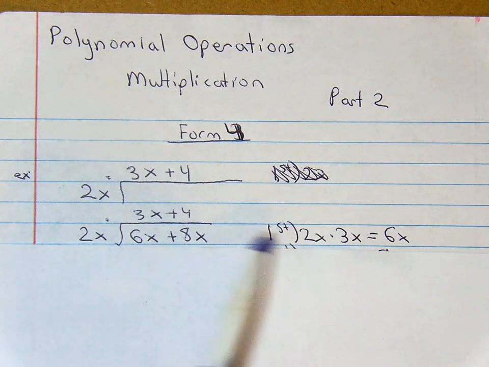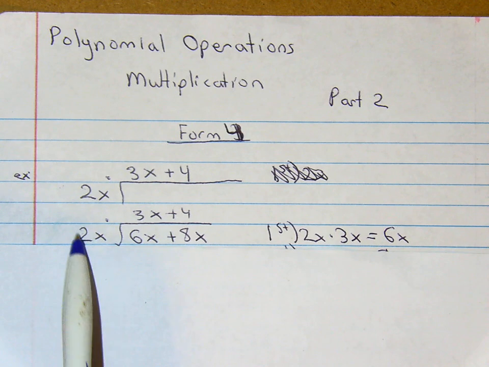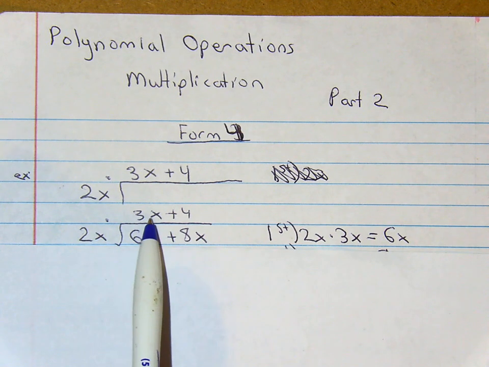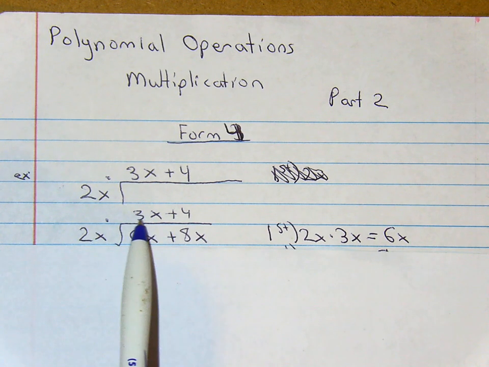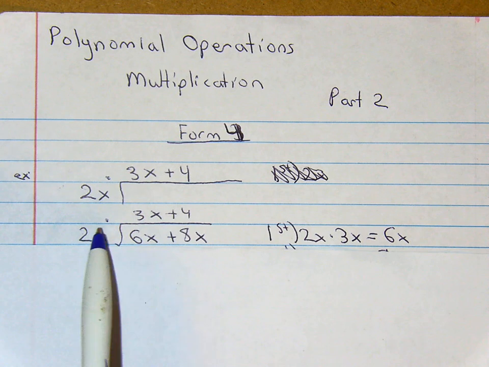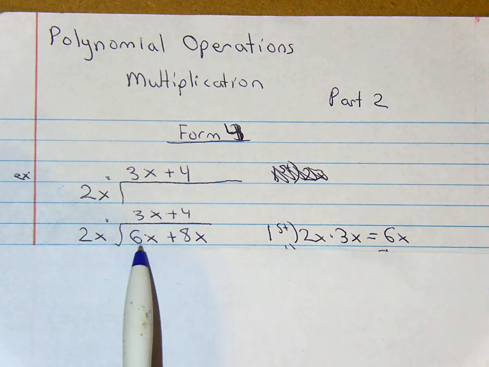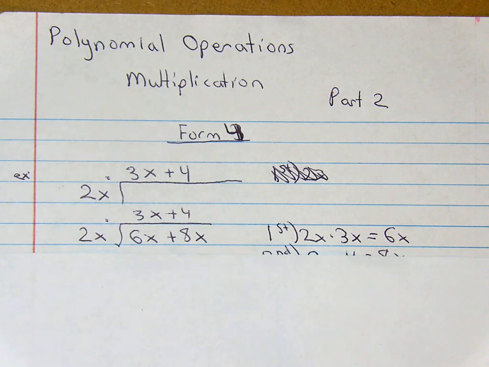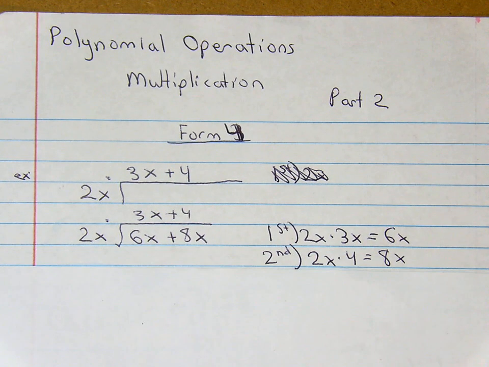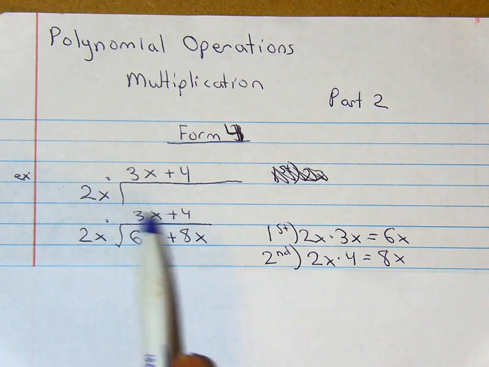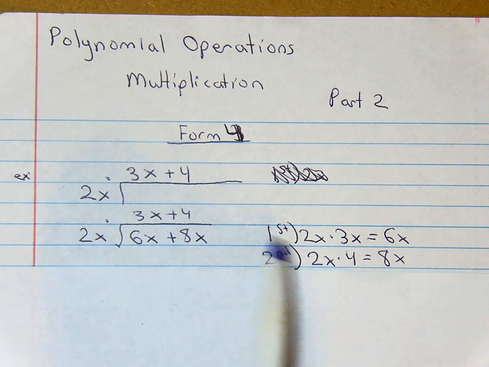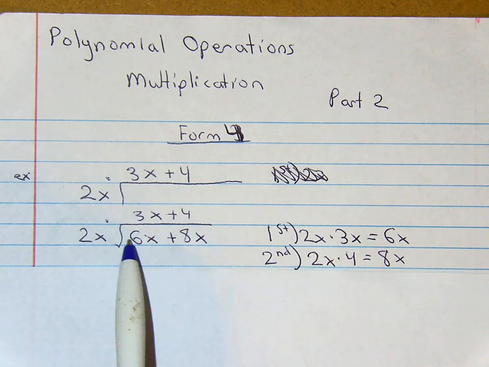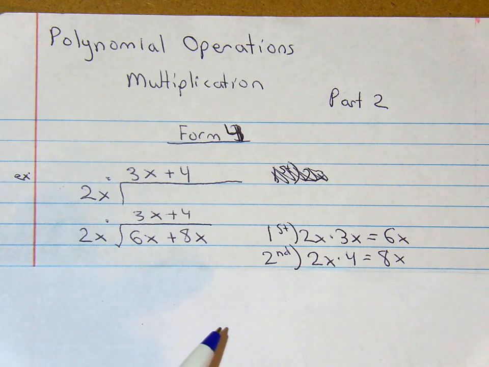Step 1 is you're going to take 2x and times it by 3x, or 3x times 2x, and that gives you 6x squared. The second step is going to be take 2x and times it by 4. That gives you 8x, and boom, you're finished.